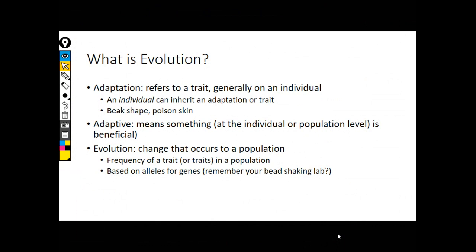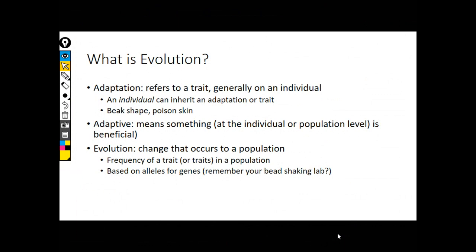So on Wednesday, we had left off talking about some of the core definitions for what makes evolution. And so we had just reminded ourselves ultimately that evolution occurs at the population level.